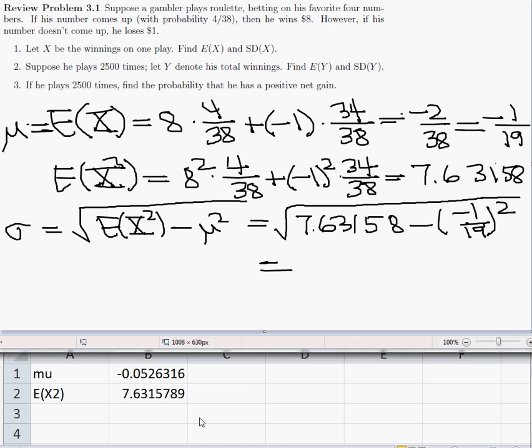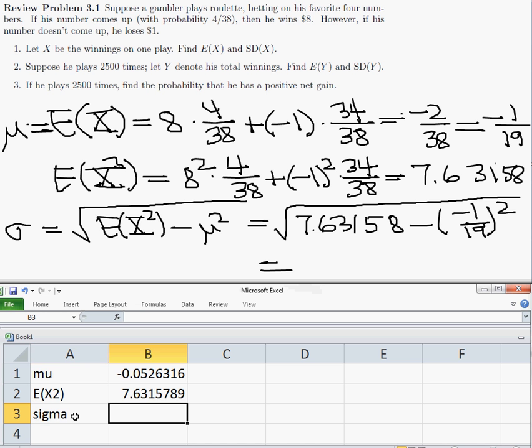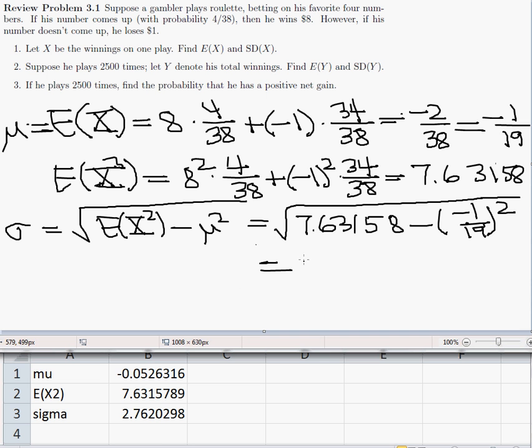And so sigma will be equal to 2.762. Okay, so that's part 1 of this exercise.